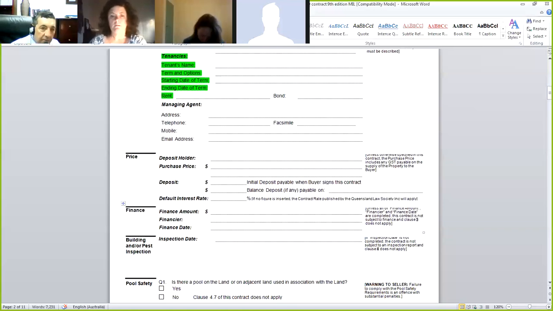So if you're acting for a buyer, it's vitally important to determine whether the buyer is relying upon finance in order to complete the acquisition and insert appropriate details. Now, when it comes to the details, firstly the finance amount, there are two schools of thought here.